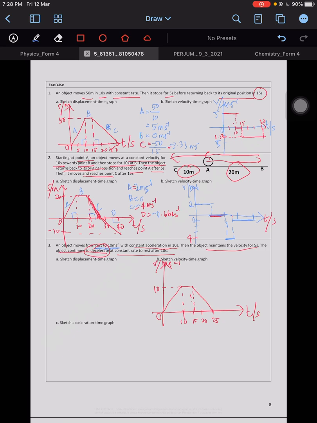So this is the information given. Because they said decelerate, it's negative acceleration. Negative means two things: one is slowing down, another is changing direction.